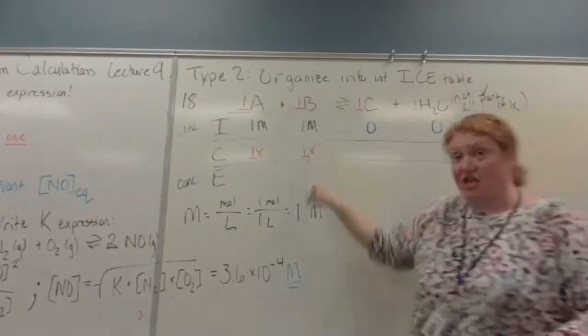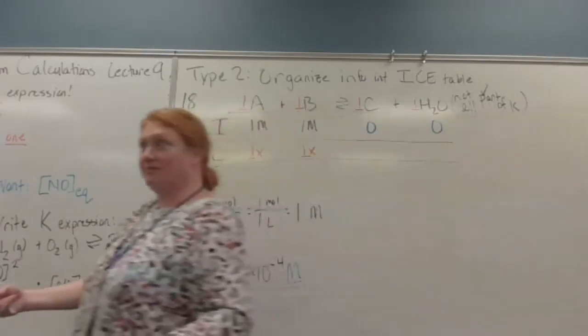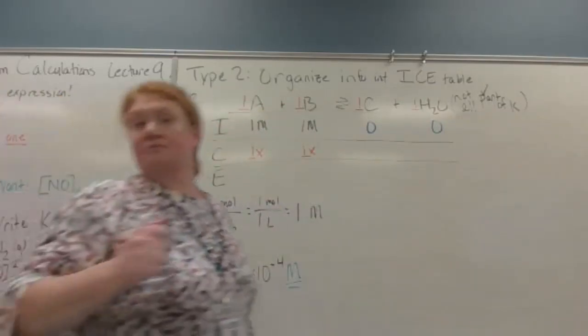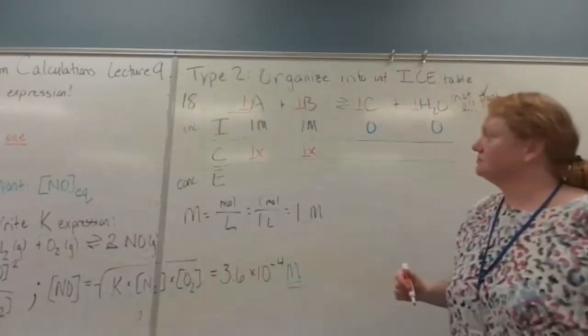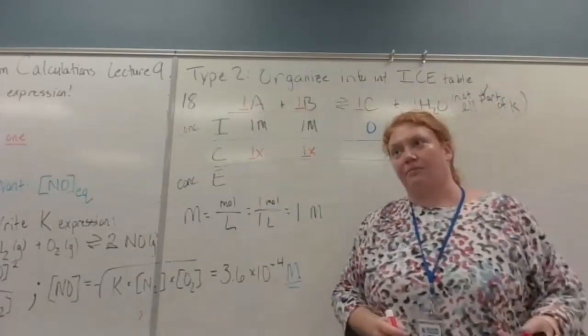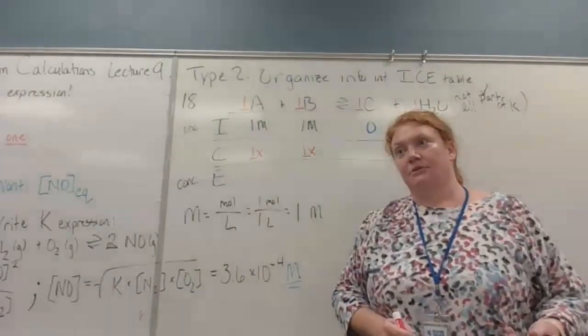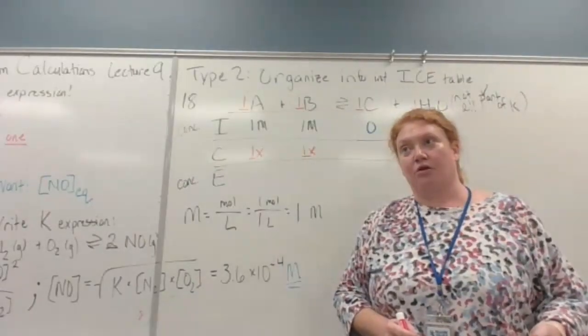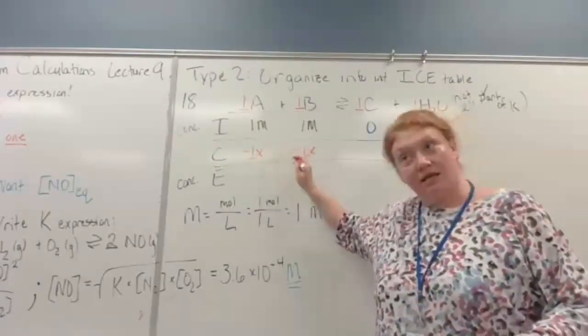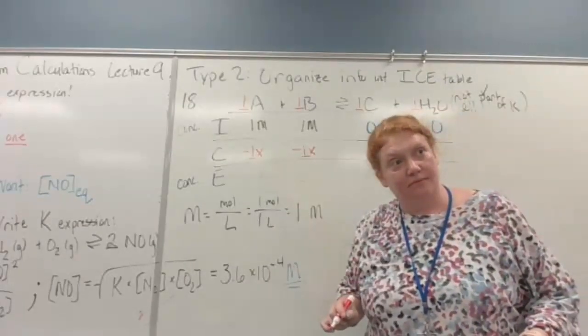If it was 2, the change would be 2x. If it had a 3, the change would be 3x. How do reactants change over time? They get smaller, which means their change is a negative value.